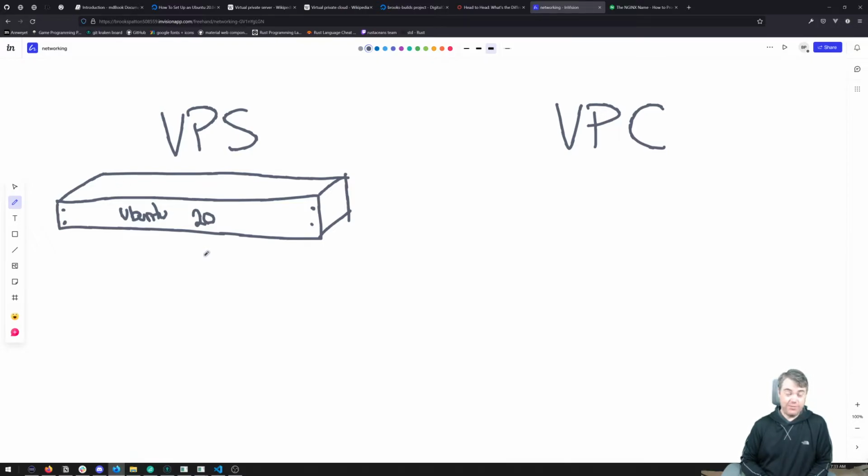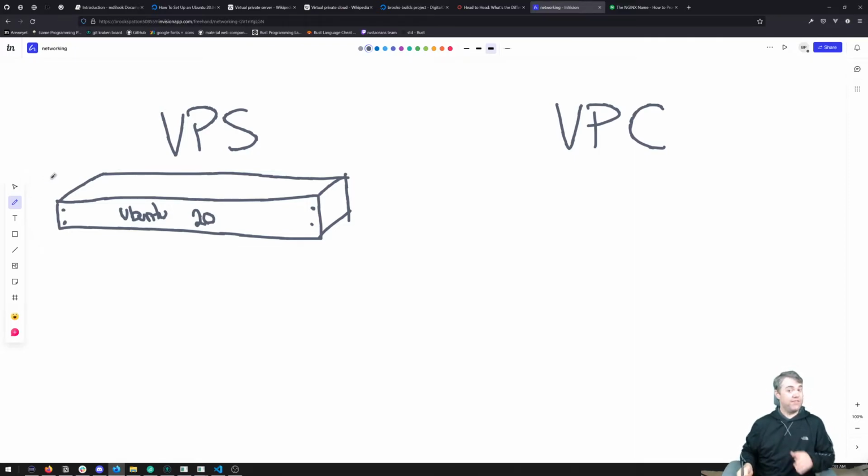I don't know what computer it is. Even if I was on the premises where the computer was hosting this, I couldn't point at anyone and say, that's it. That's where my server is. It's just there. That's what a virtual private server is. It's pretending to be this for us.